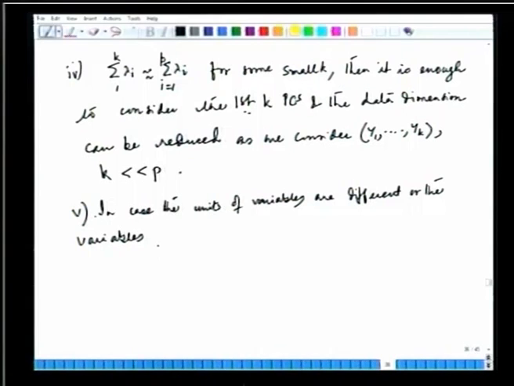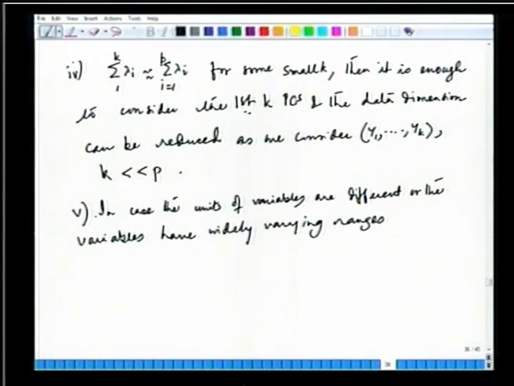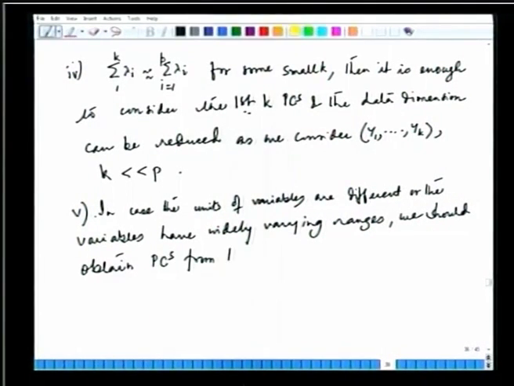So, in case the variables have widely varying ranges, we should obtain principal components from the standardized variables.